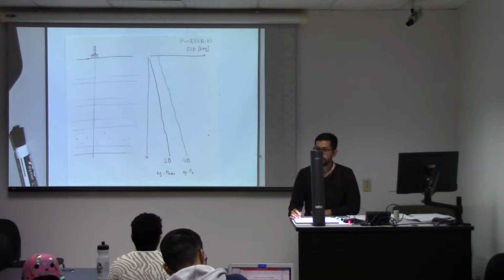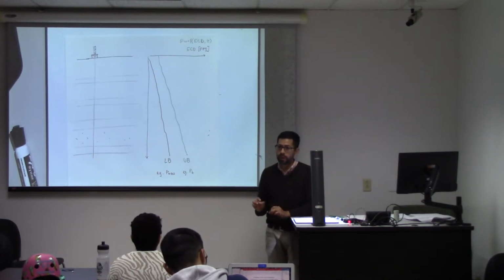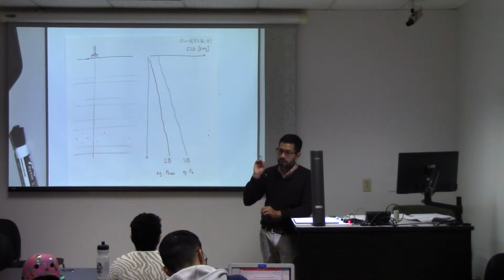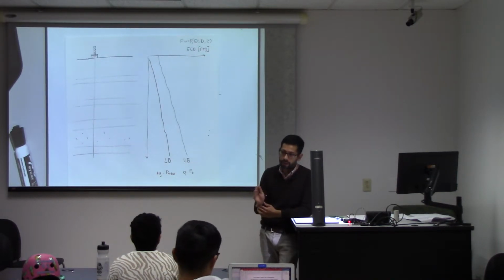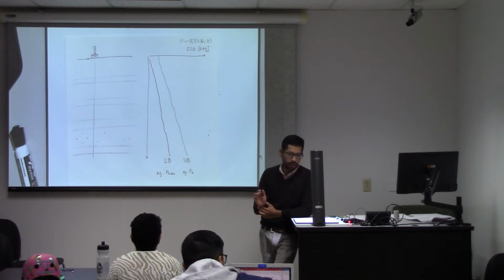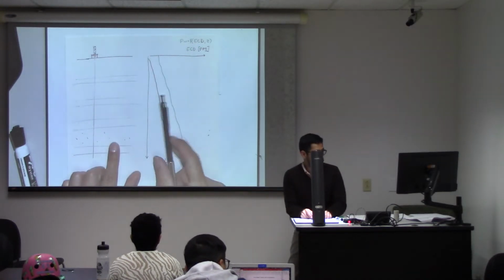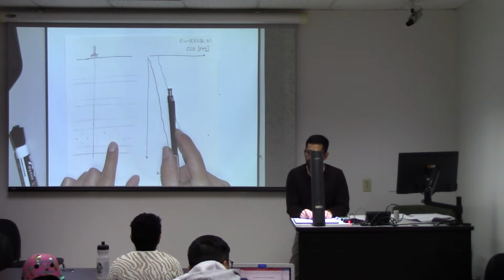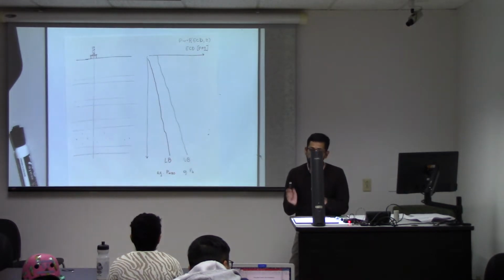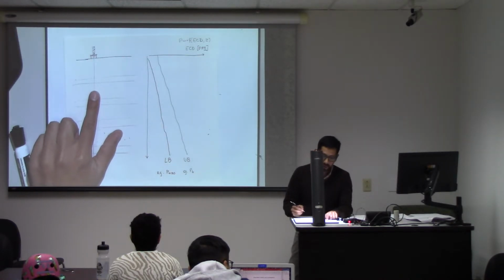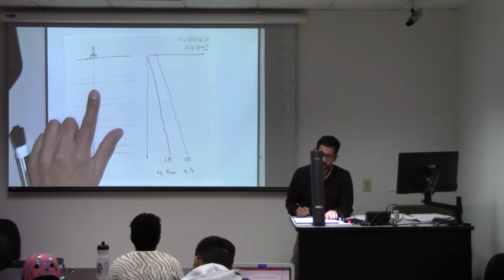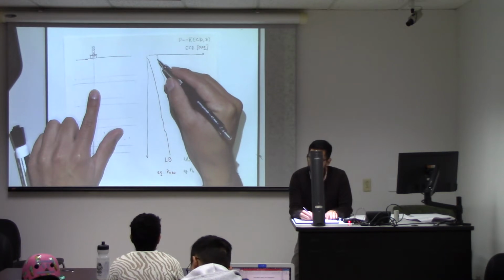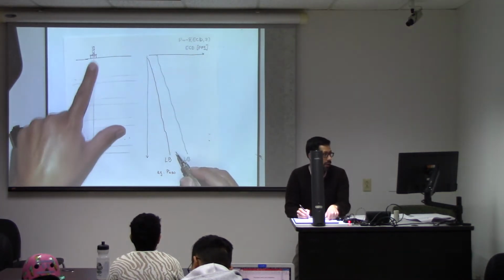So now everything that we need to do is just to design the casings that are going to go in there. So basically, what you want to do is drill an open hole section with a constant mud density so that you don't produce shear fractures, you don't produce tensile fractures. So if you have a constant mud density in an open hole section, let's say that we start here at this value of mud density. This value is going to barely make a little bit of tensile fractures on the top.